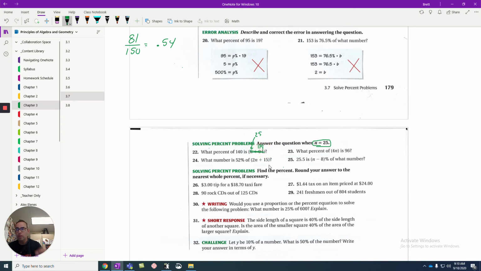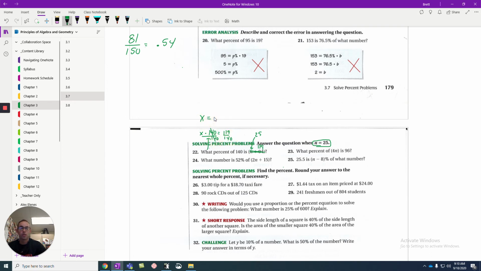So I'm asking you to do a little bit of algebra to begin the problem. And then it's the same thing. What is x? It's a percent. Of means multiplication. 140 is 119. To solve for x, because I multiplied by 140, I divide by 140 on both sides. Over here it cancels.